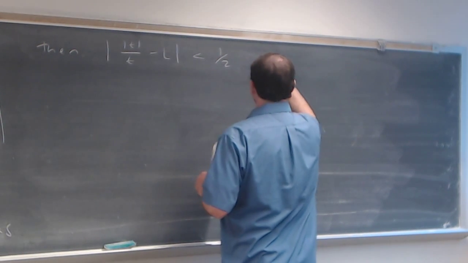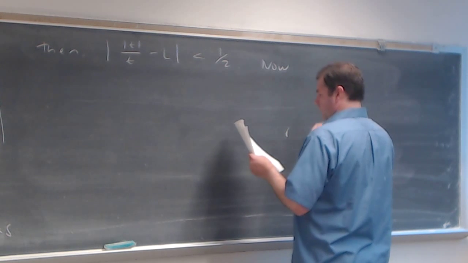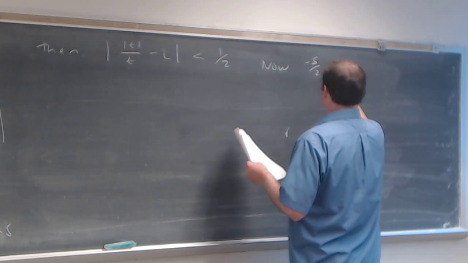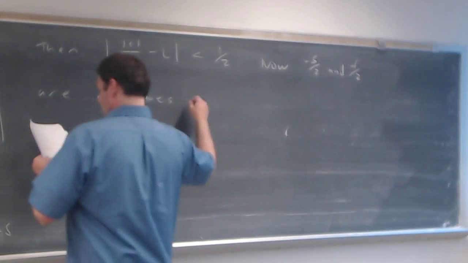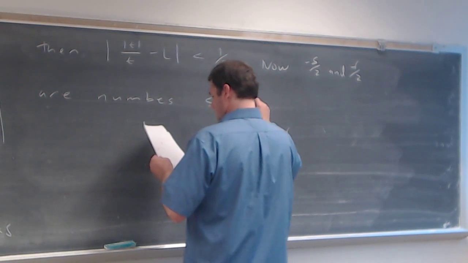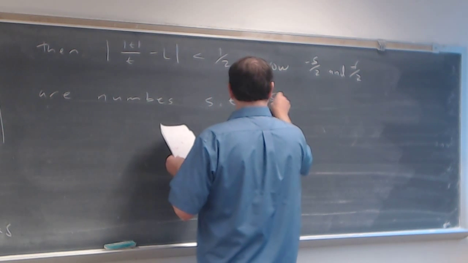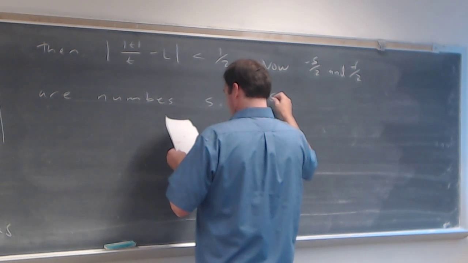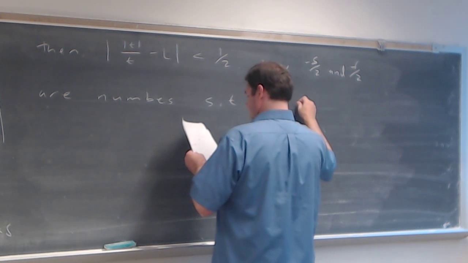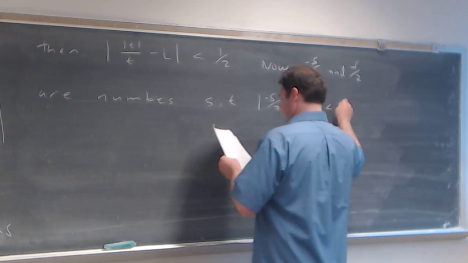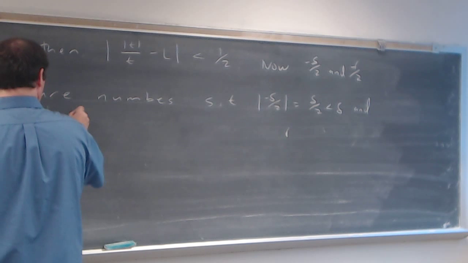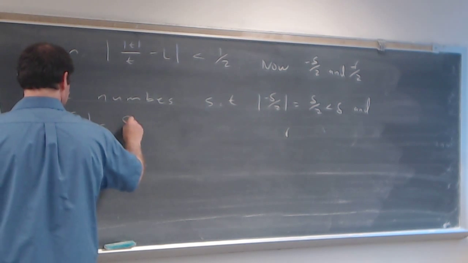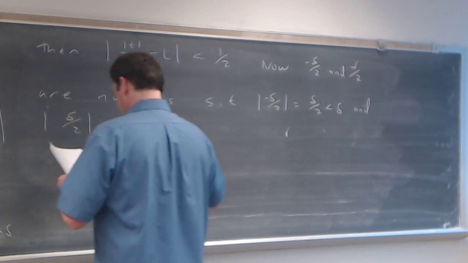As we had done in the example in lecture 1, if we look at minus delta over 2 and delta over 2, they are numbers such that the absolute value of minus delta over 2, which equals delta over 2, is less than delta, and delta over 2 inside absolute values is equal to delta over 2, which is less than delta.